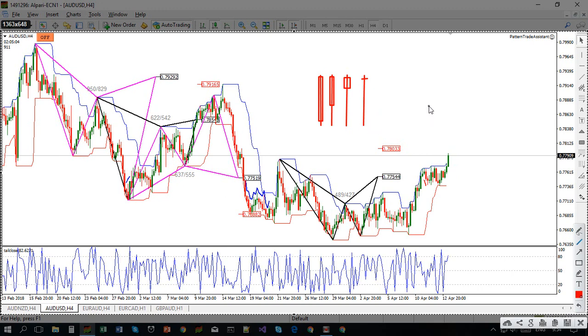Is this a powerful bullish candle? Yes. So what these four candles have in common is that the close of the candle is very close to its high. So the upper shadow is very small. That's why it is a powerful bullish candle.